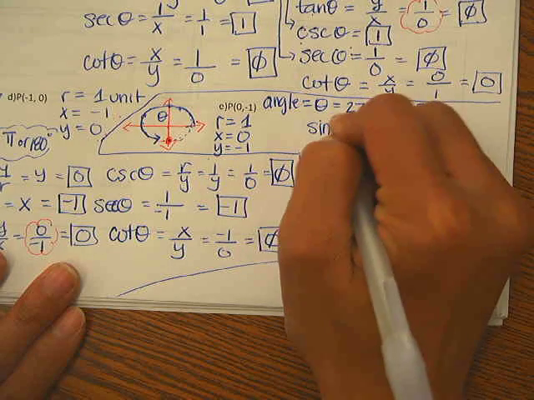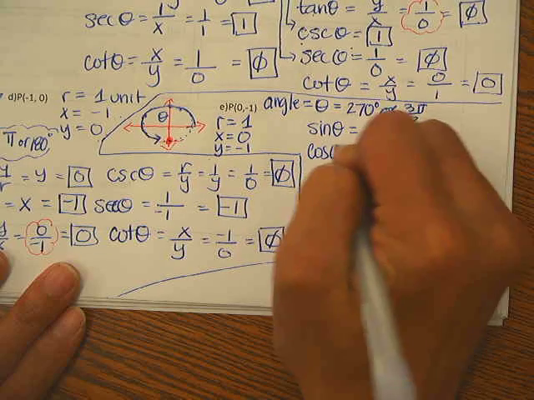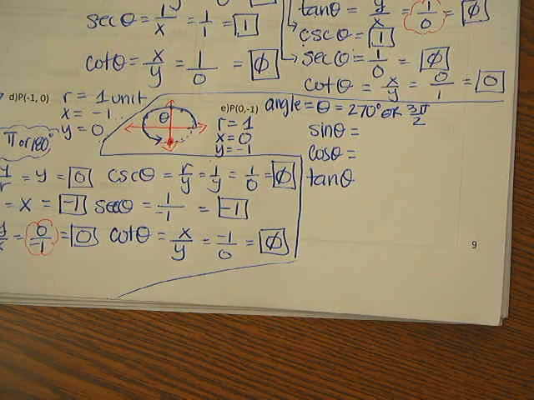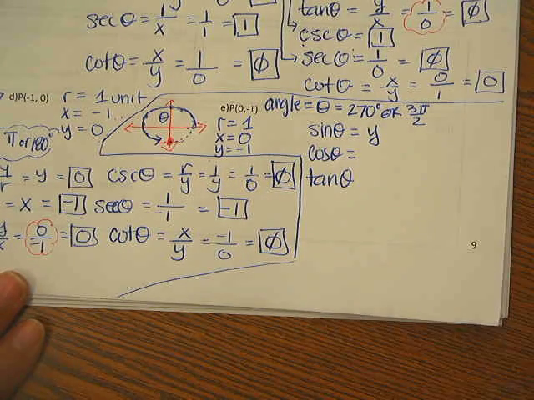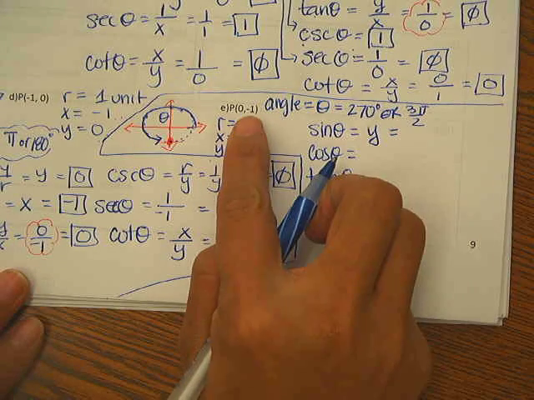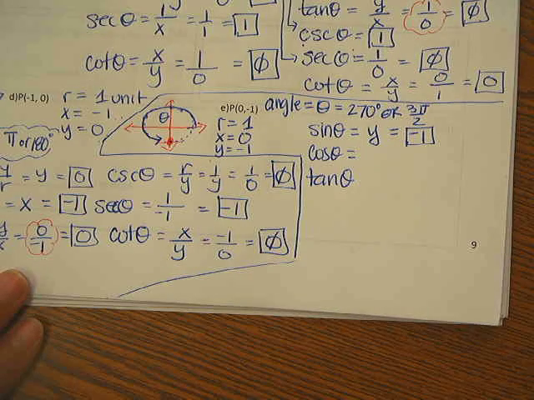So let's do sine of theta, which is really representing this dot, cosine of theta, tangent of theta, and then we can calculate the 3 reciprocal functions after. Sine of theta, by now, we're just going to write y. We've done a couple of problems now to know that it's the same as y on a unit circle. So y happens to be -1, and we're going to box that up.